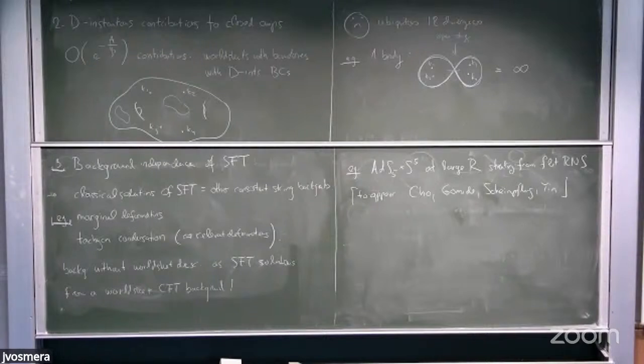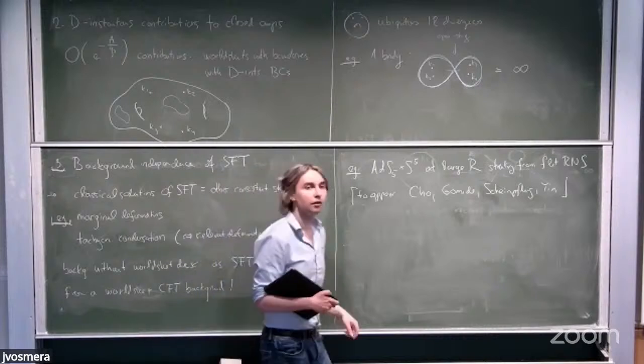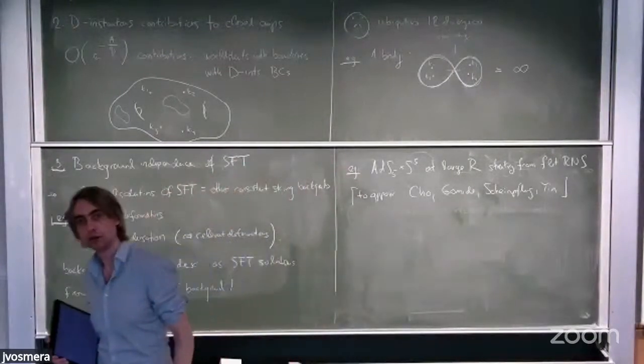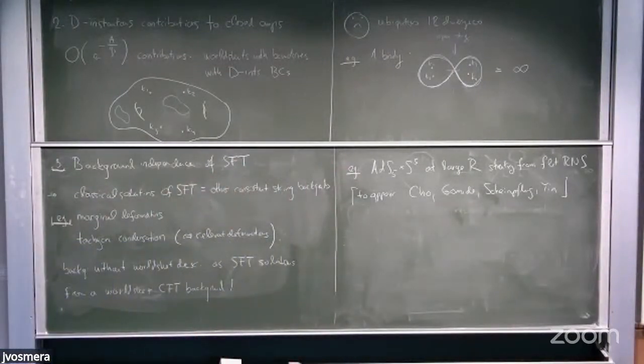So that would have been a UV divergence on the worldsheet. But once you renormalize those UV divergences, you don't need the extra operators in the effective action.